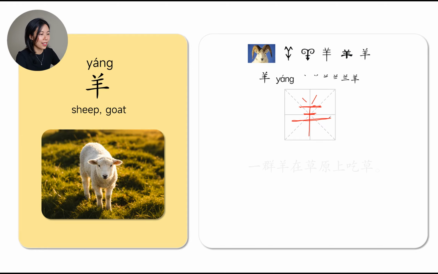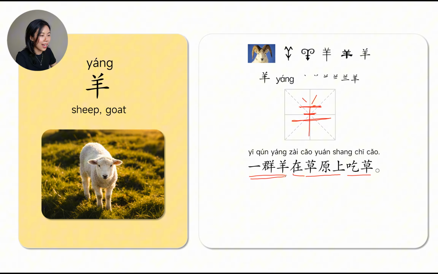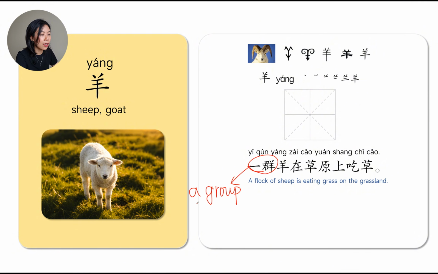Okay? Let's see. 一群羊在草原上吃草。A flock of sheep is eating grass on the grassland. 一群 is a group. 一群 a group.